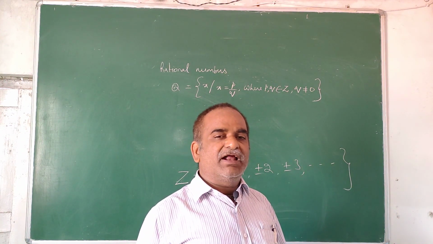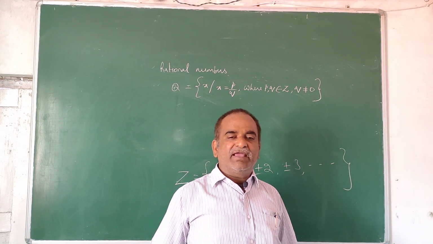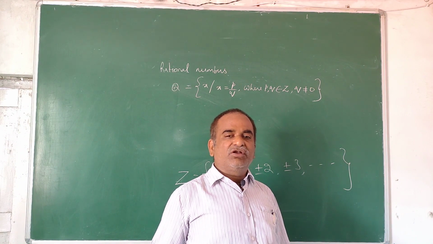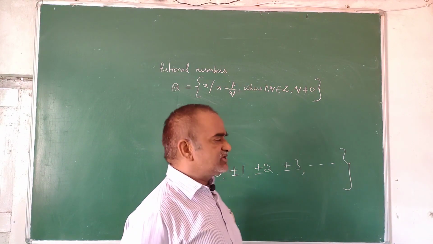So any number that can be put in the form of p by q, where p, q are integers and q is not equal to 0, is known as a rational number.